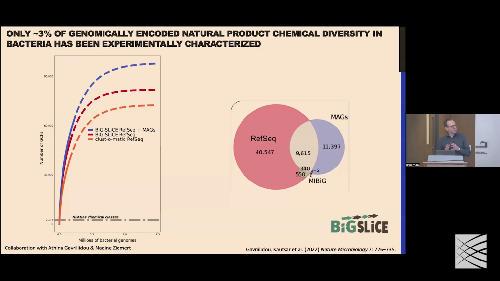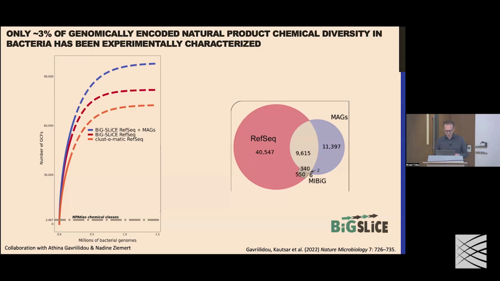And there's also a substantial fraction of gene cluster families that are only found in the metagenome assembled genomes and not in any isolate genomes, which would indicate that maybe we know less than 3% of everything that's out there.